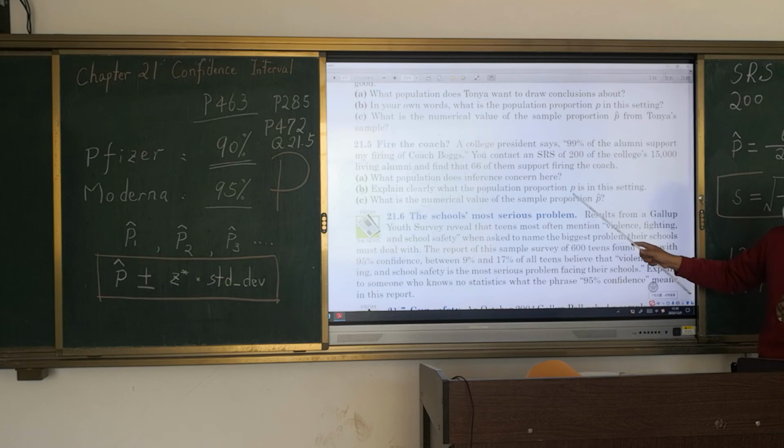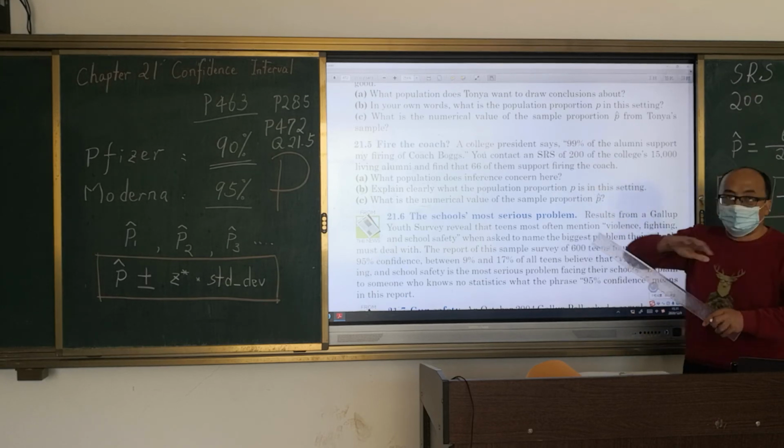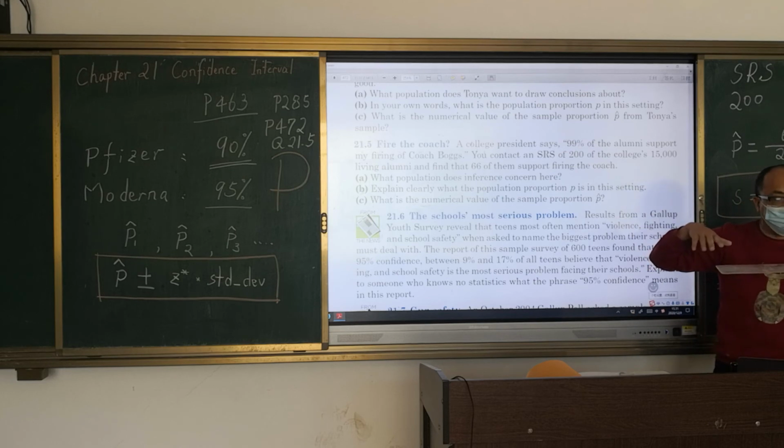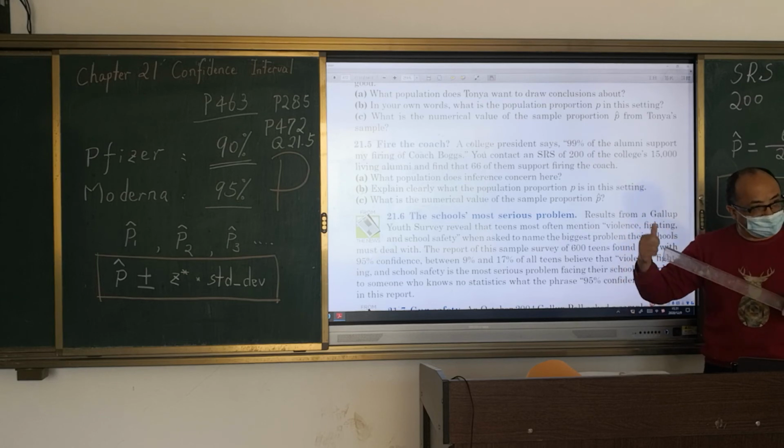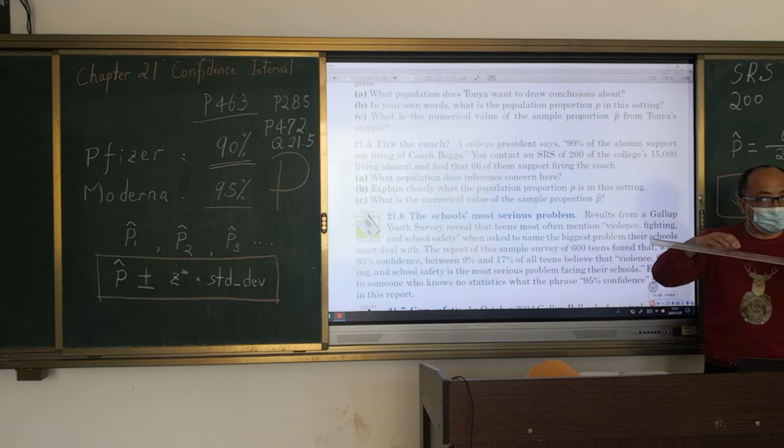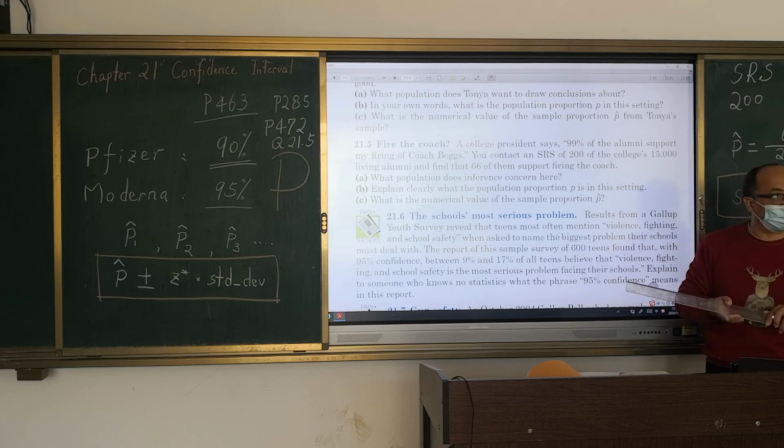So the proportion P means the whole alumni, the proportion who think we should fire the coach.